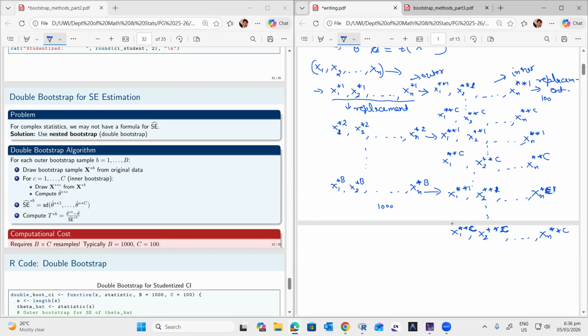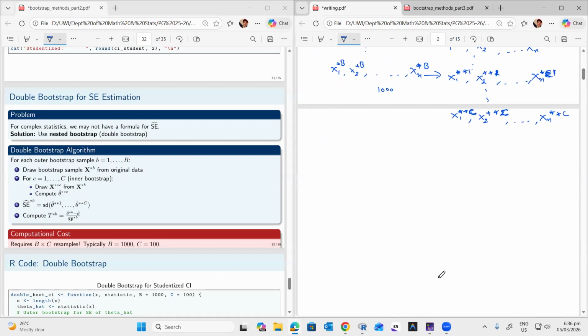After obtaining the inner samples, we will calculate the estimated standard error for each one.